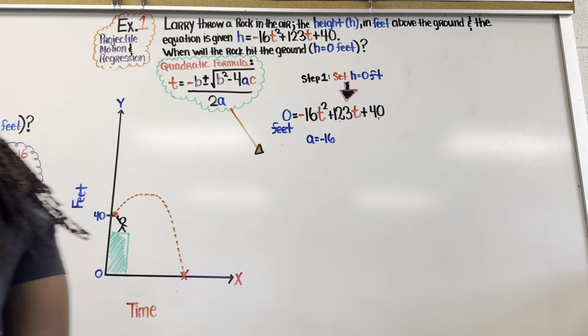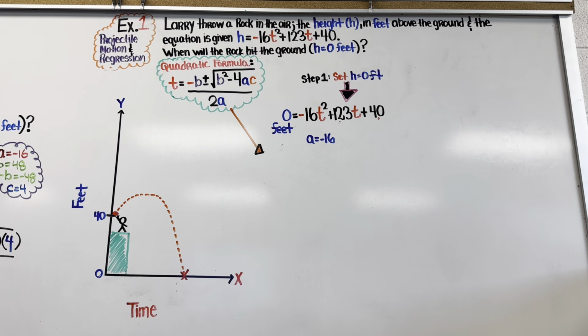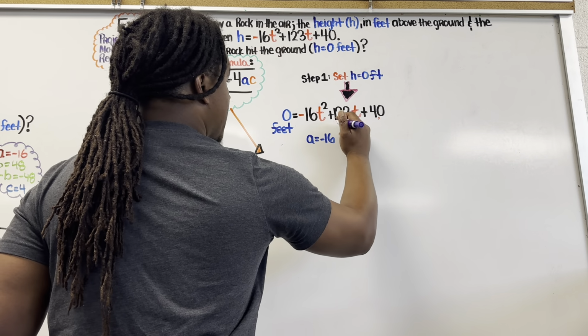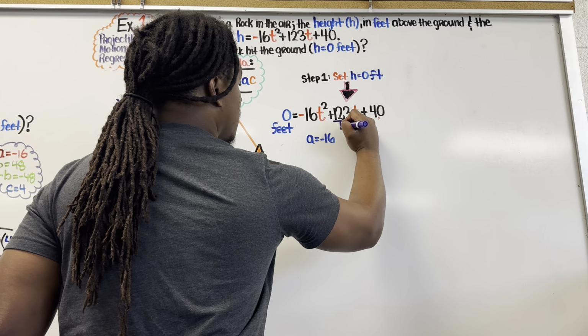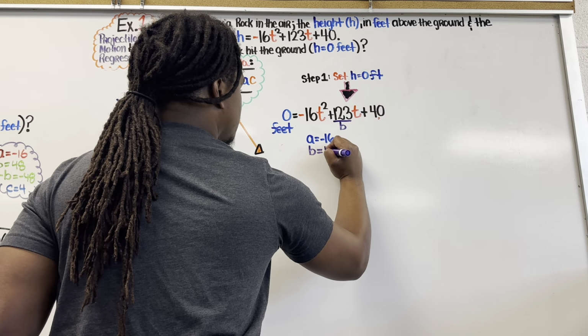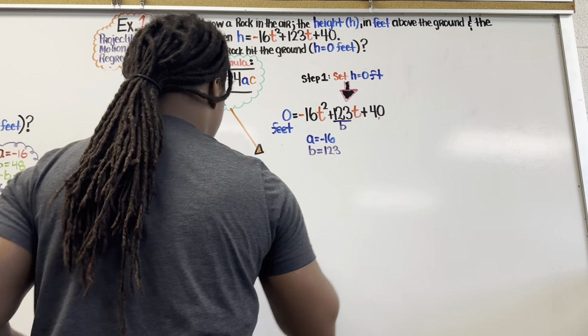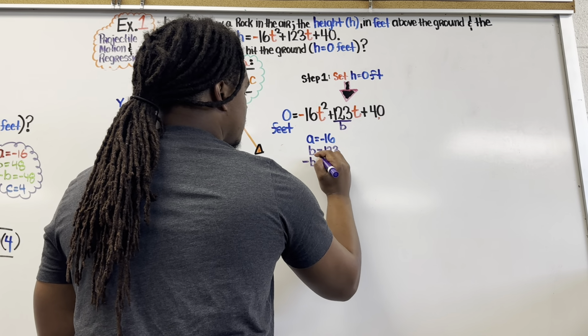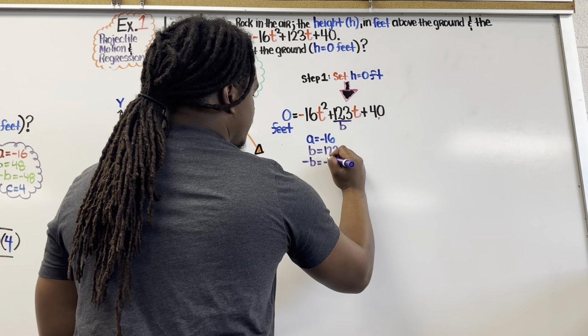B, and that's the purple, let me get my purple marker. B is positive 123. So b is 123, and if b is 123, then negative b is negative 123.